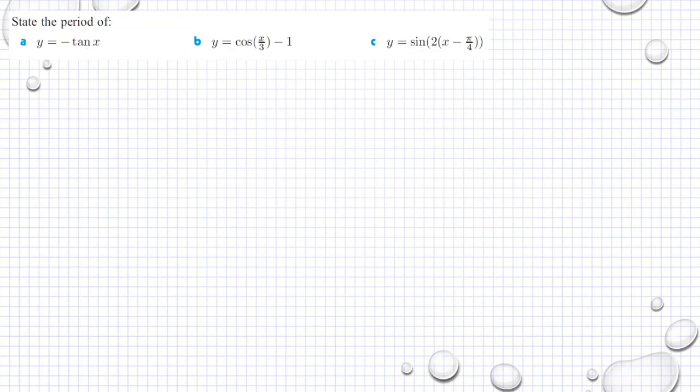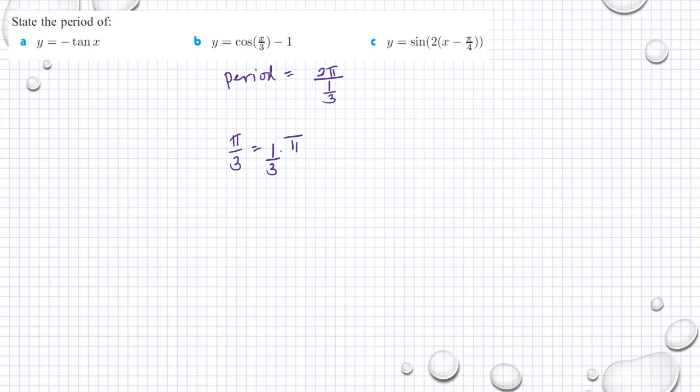Next example. Our cosine here, state the period. The period is equal to 2 pi divided by, we have actually 1/3 there, because x divided by 3 is 1/3 times x.